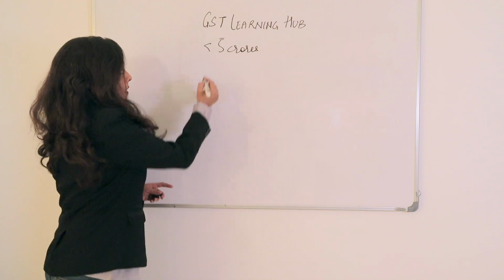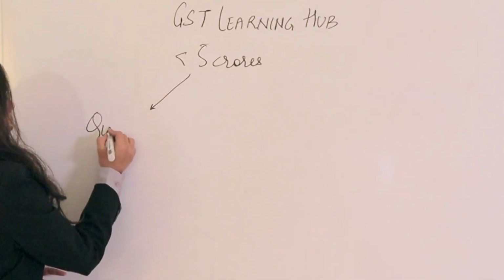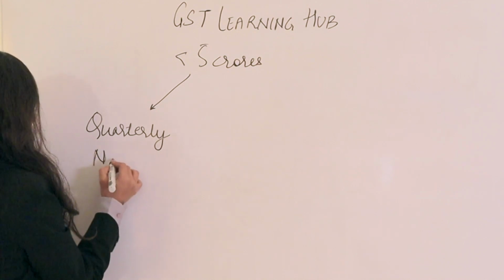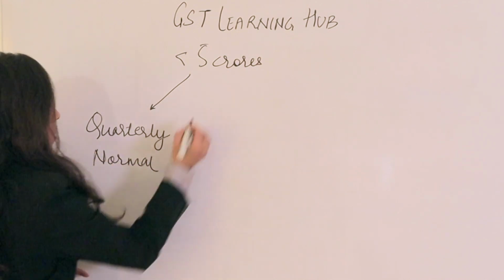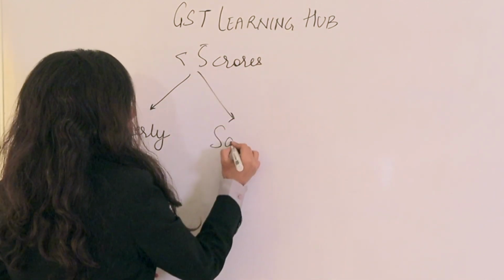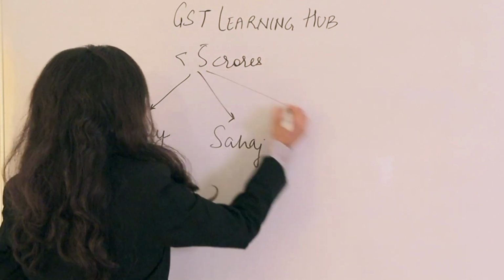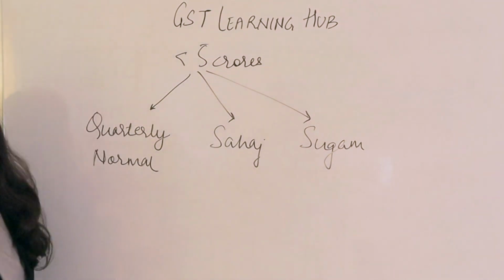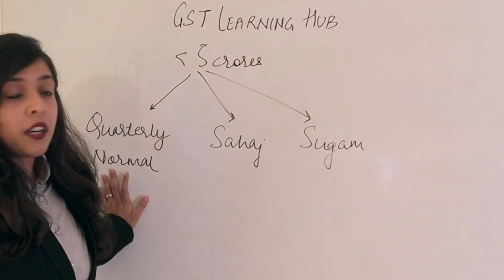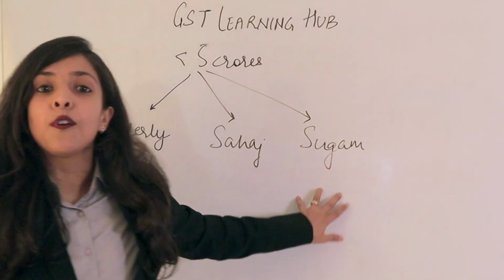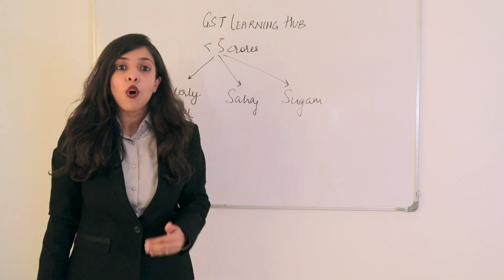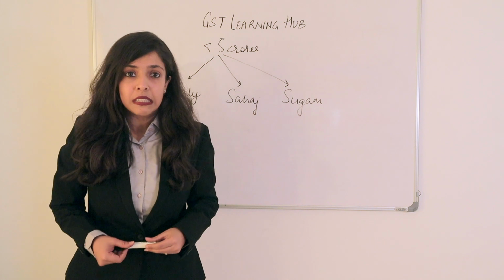You can either file the quarterly normal return or the Sahaj or the Sugam return. So this is to be decided on the basis of what transactions you enter into.